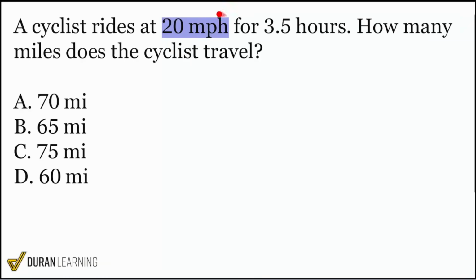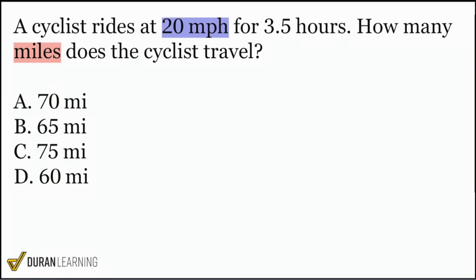Miles per hour. We mix those units together, and that is what gives away a rate. If we're just talking miles, or feet, or kilometers, or yards, or centimeters, those are just flat distance units.